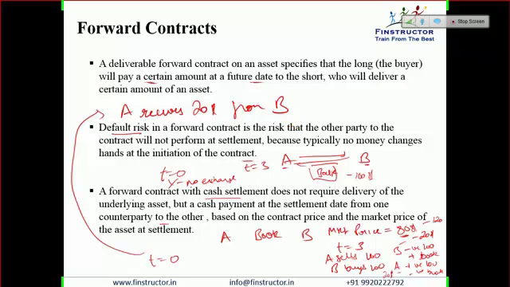Please note, whether you actually deliver or you cash settle, in both cases the counterparties are in the same position as before. So if A receives $20, he can still effectively sell the asset for 100, because in the market he can sell for 80 and then $20 he's gotten from B. So A wanted to sell the asset for $100.